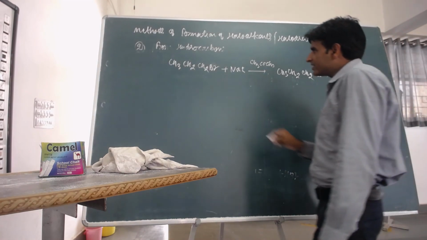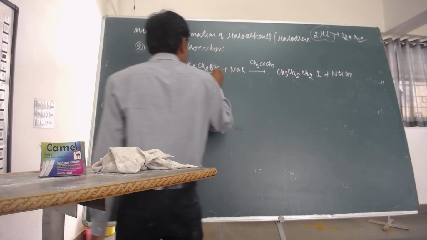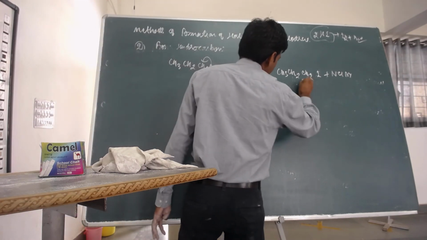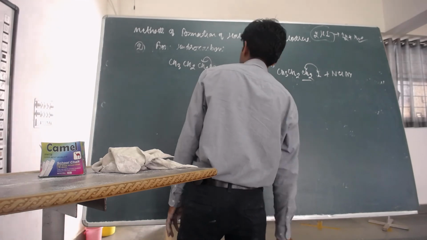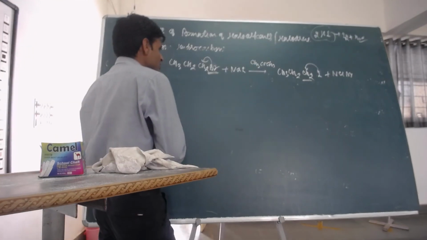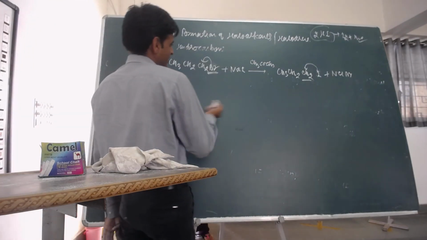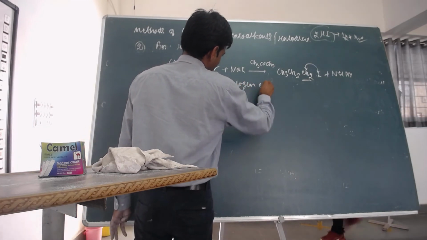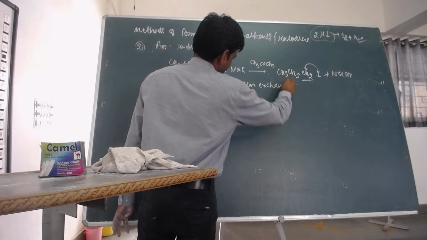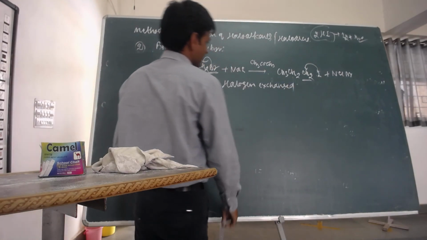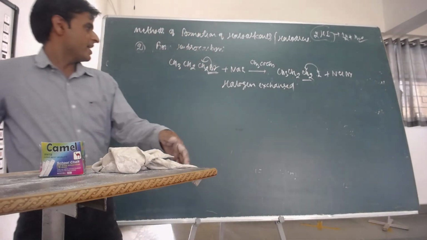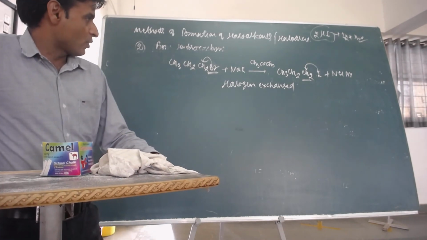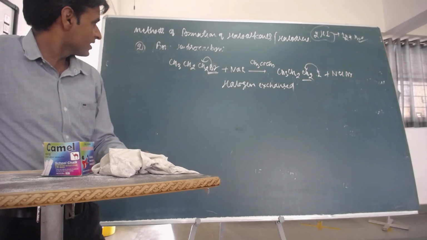You have to consider that in the reactant, the bromine atom is attached to the first carbon, and in the desired product the iodine atom is attached to the first carbon atom. So we can say that this is just an example of a halogen exchange reaction, and the halogen exchange reaction is known as the Finkelstein reaction. It is a characteristic reaction mainly used to obtain iodoalkanes, right?